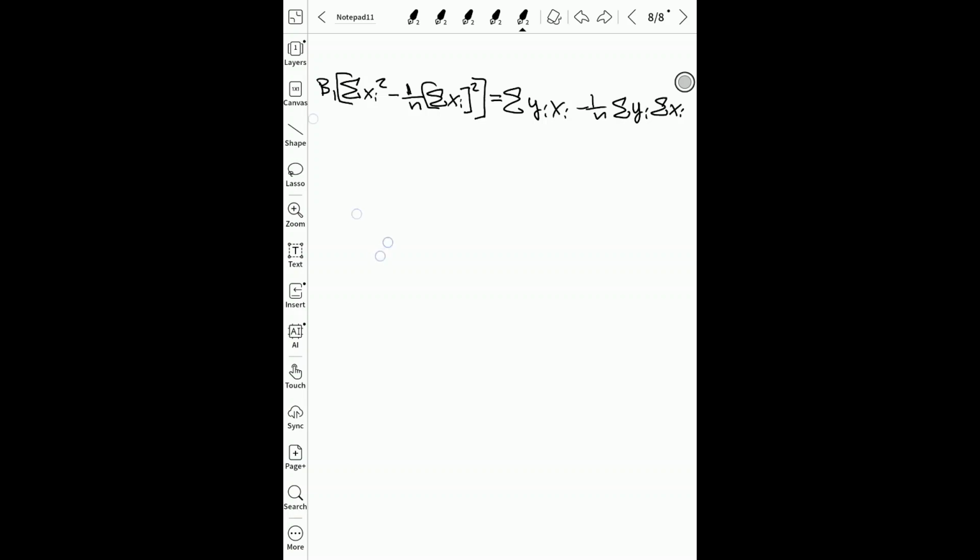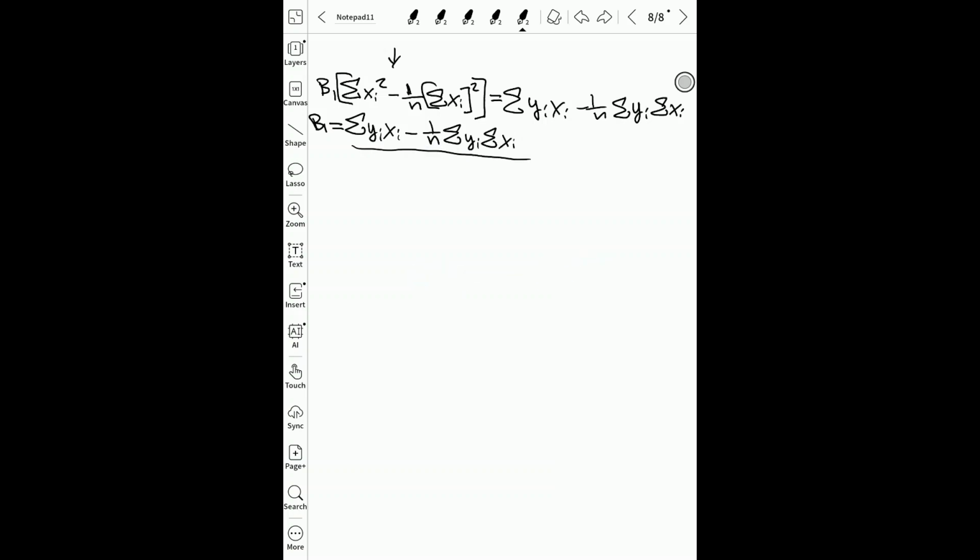So what we're going to do now is, this whole giant thing in brackets is now just a term that's being multiplied by beta 1. So we're just going to divide by that. And beta 1 is equal to the sum of yi xi minus 1 over n sum of yi sum of xi.